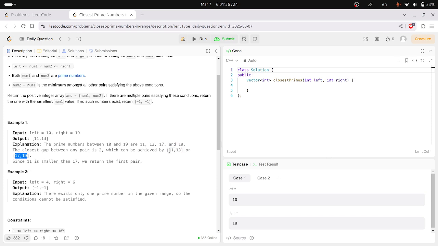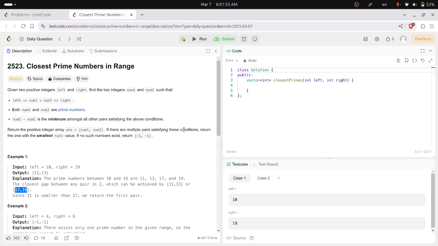So both of them are having a 2 difference. Like 13 minus 11 is 2 and 19 minus 17 is 2. So in between these two, they gave this one as output as num1 of this pair is smaller than the num1 of this pair.